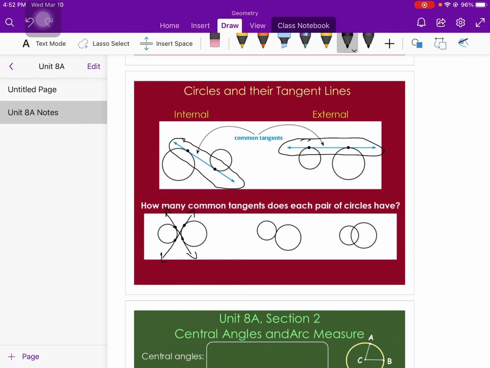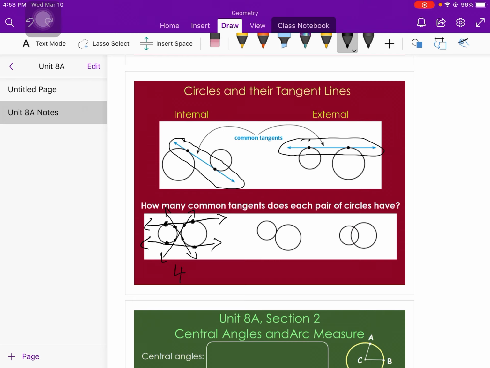And then we could also have external tangents, here, here, and one on the bottom. It's hard to draw these. So we could have 4 common tangents.